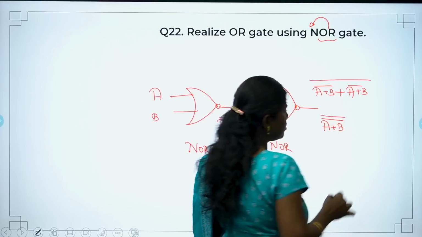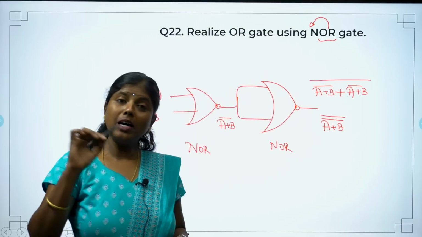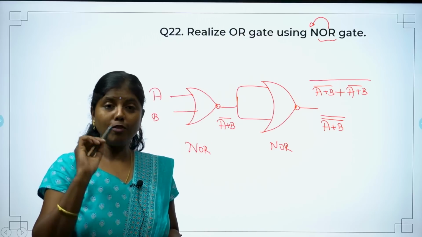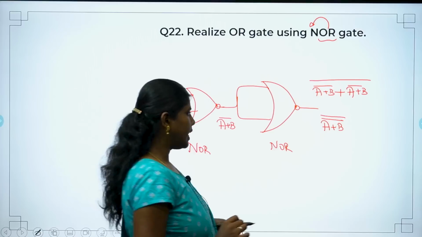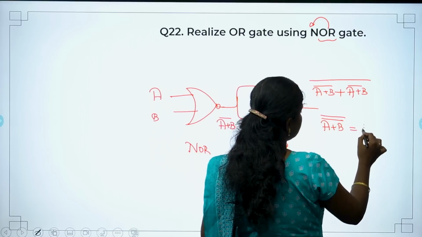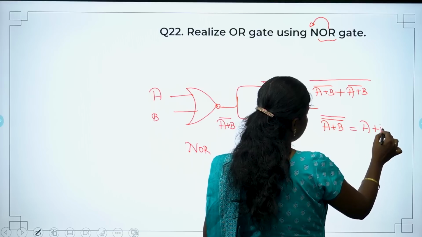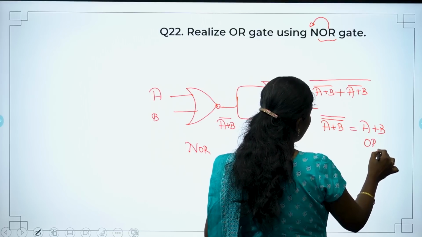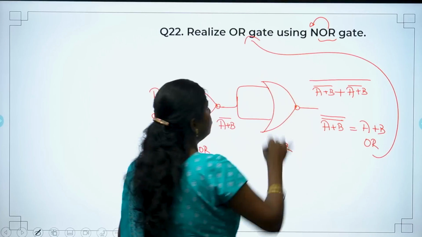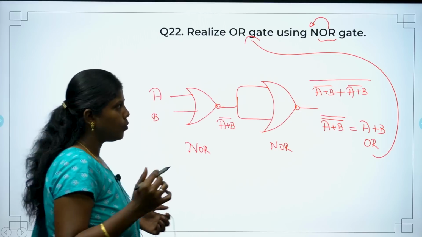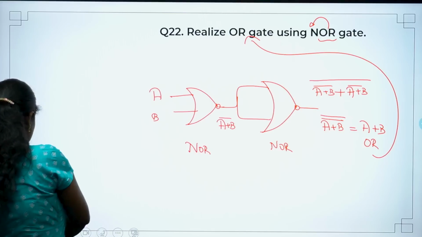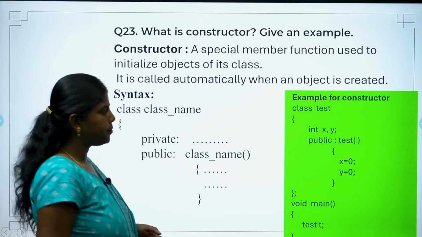So I'm going to put 2 bars here. You know that bar gets cancelled due to what? Involution law. Involution law is also known as double inversion law. So the bar will be cancelled and we'll be getting the answer as A plus B. What is A plus B? A plus B is nothing but OR. That is what we wanted, no? So done. If you write so much, you'll be getting 2 marks very easily.